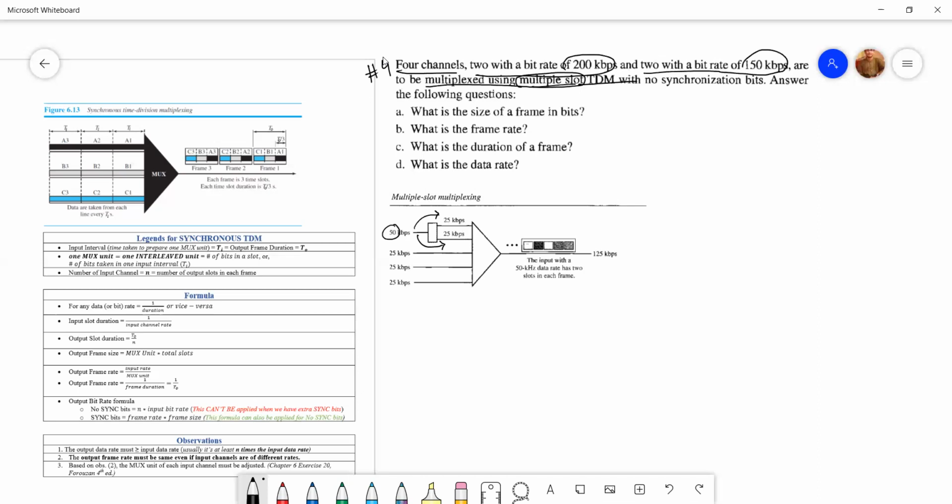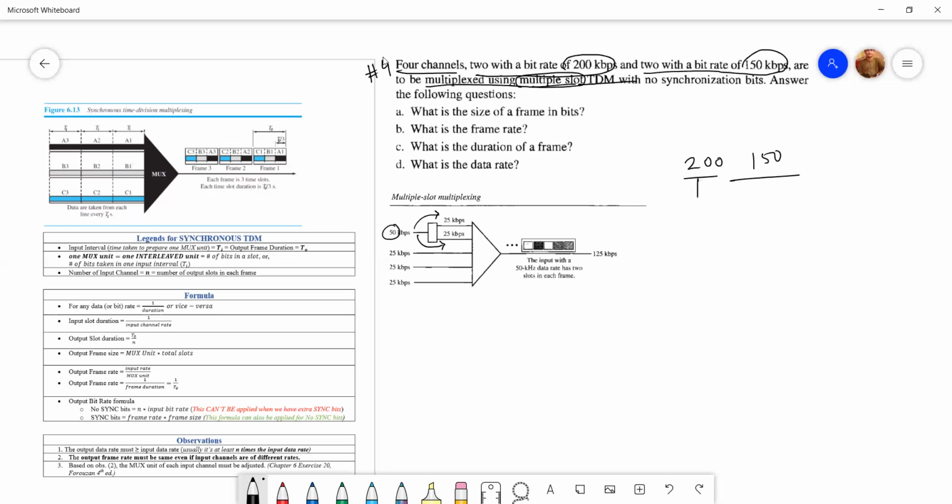Now we know that for multi-level and multiple-slot TDM, the numbers should be integer multiples of each other. Now 200 and 150 are not integer multiples of one another, but we can make some progress.